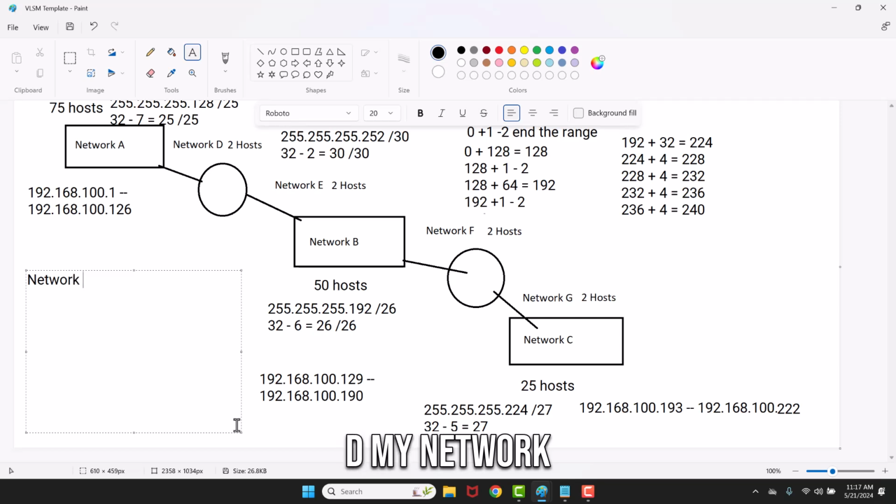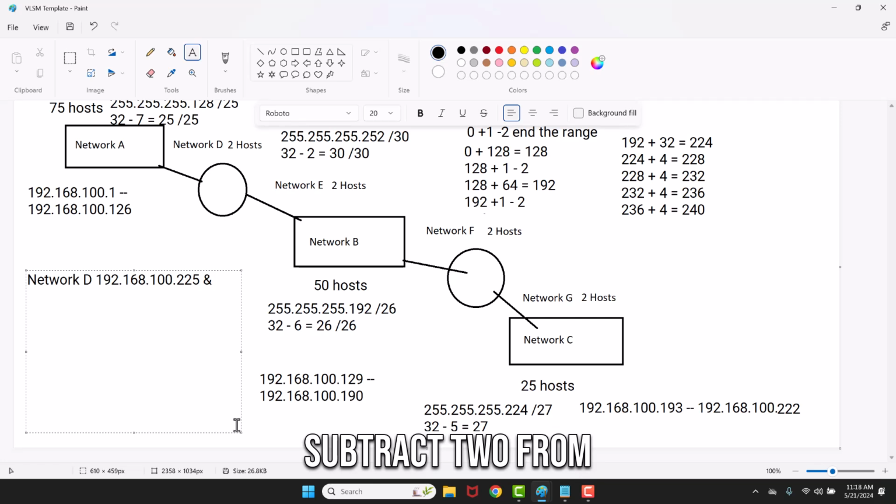So network D, my network ID is 224. Remember, I have to add 1 and subtract 2. So 192.168.100, add 1 to 224, which gives me 225. And when I subtract 2 from 228, that gives me 226.